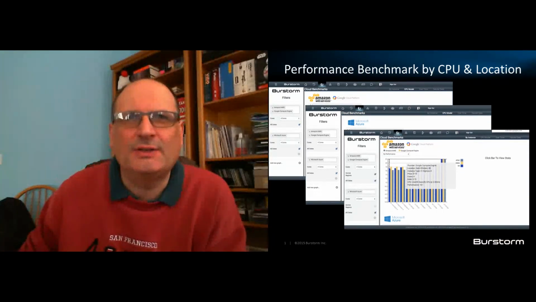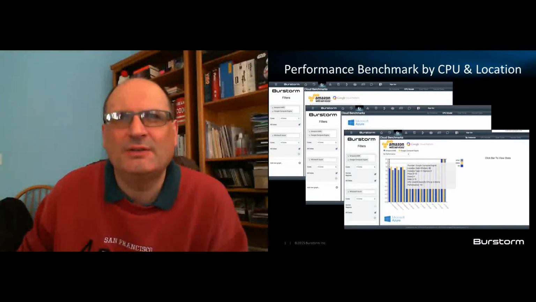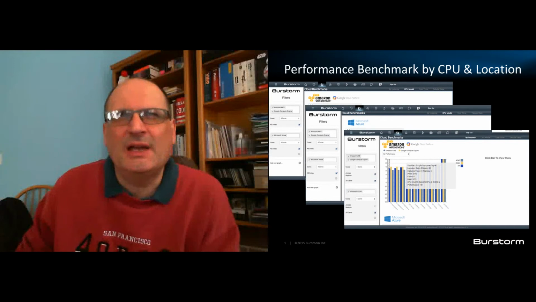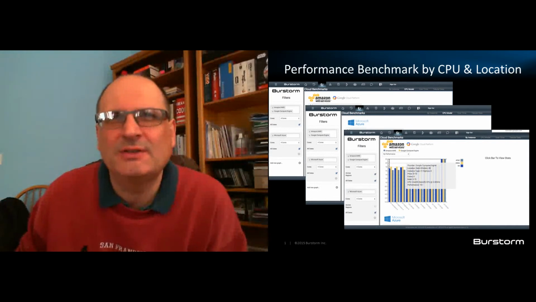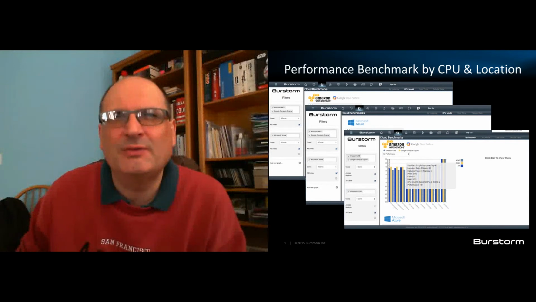Last but not least, let me give you an example of how location affects the performance of particular instances. What you see here is that the Google performance numbers of the same instances in different locations show different results, where quite consistently the European test results are better than the US ones, and the US ones are better than Asia Pac.